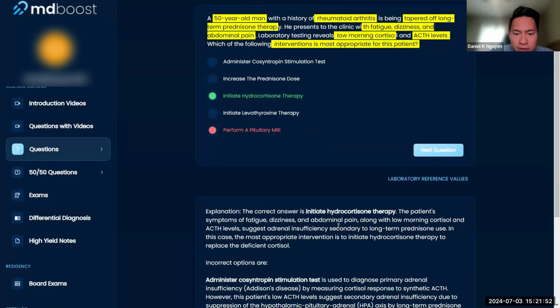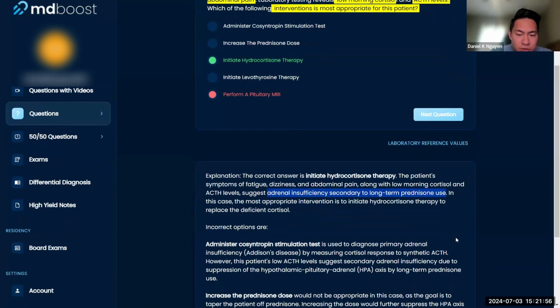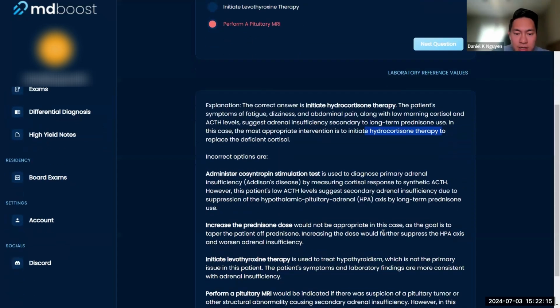Okay. So here, adrenal insufficiency secondary to long-term prednisone use, which is what we talked about, right? Less pituitary secretion, and also your adrenals are not working well either. So what you want to do is initiate therapy to replace the deficient cortisol. So hydrocortisone therapy, to replace that as it's coming back.